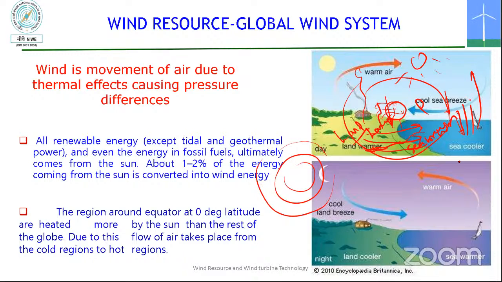Most of the energy comes from the sun only. Even nowadays you are using petrol and diesel, which are petroleum products. How do you get them? And also coal: you burn coal to produce steam. How do you get it? Millions of years ago, wood logs went into the surface of the earth, and due to high pressure and temperature over the years, they were converted into coal.